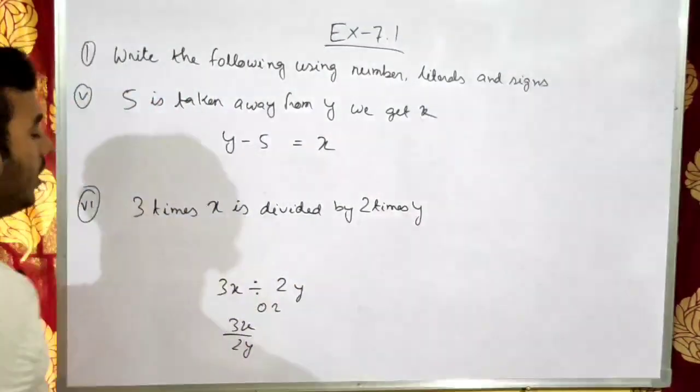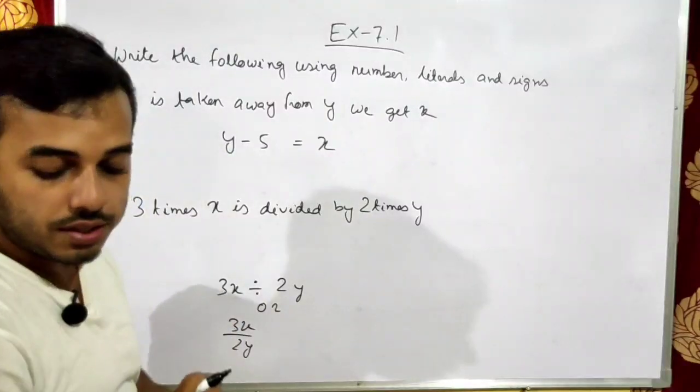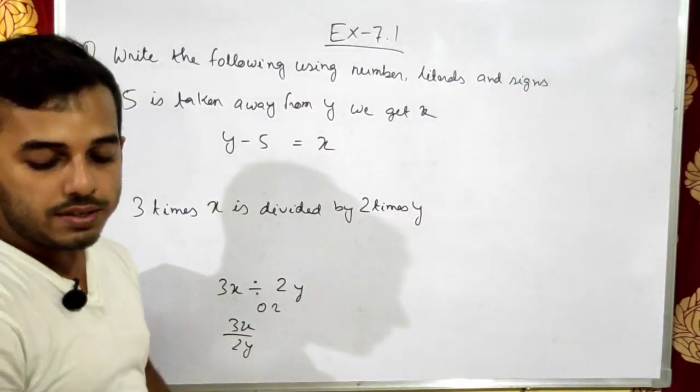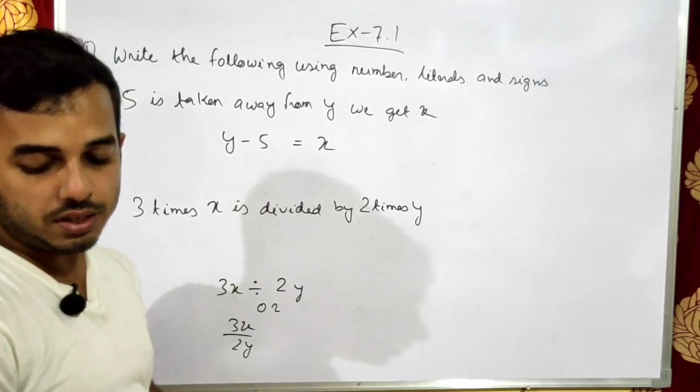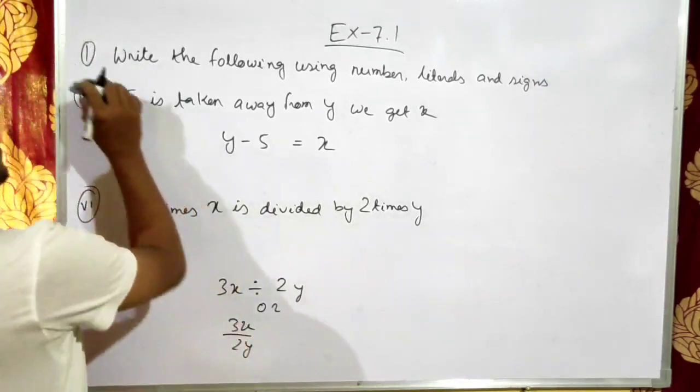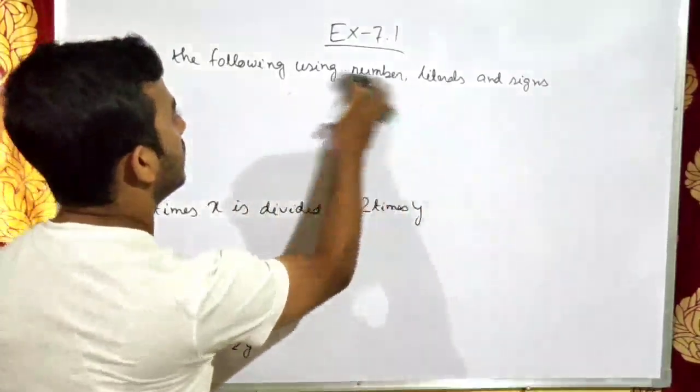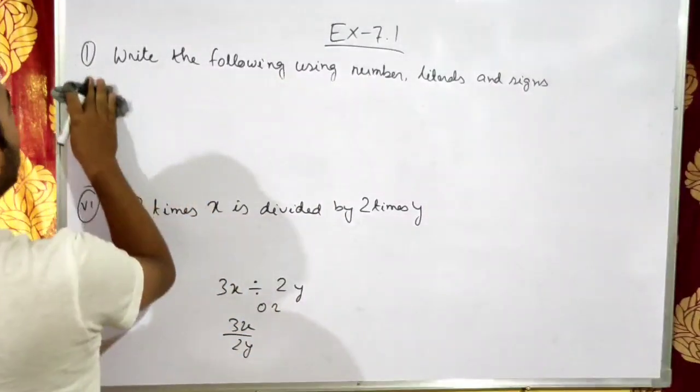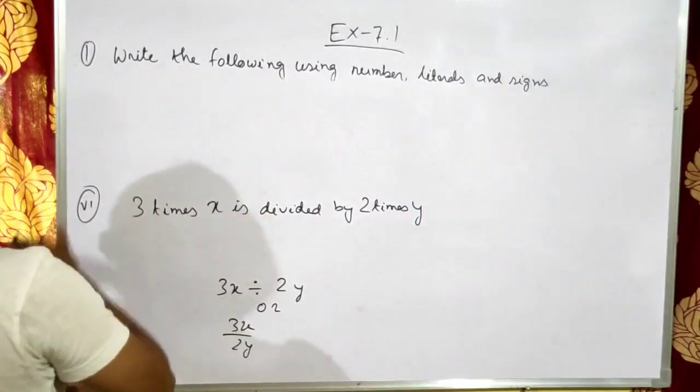Now let's move to the next, that is the 7th expression. My age is x years, my father's age is 3 years less than 4 times my age.